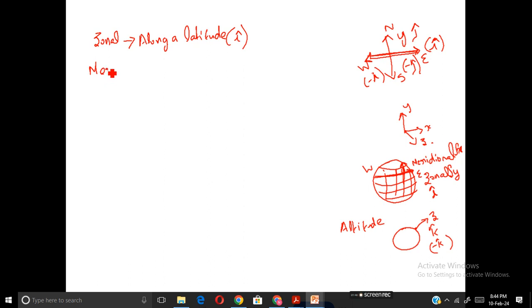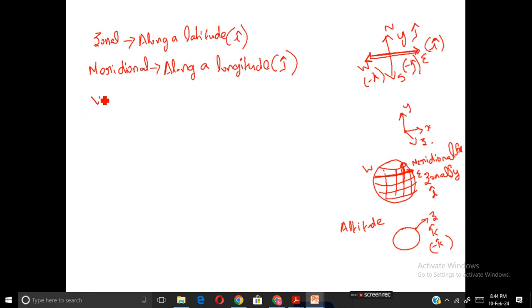And meridional means we are moving along a longitude, it is basically known as a meridional movement or meridional component. North to south movement is basically meridional, and east to west or west to east is zonal.